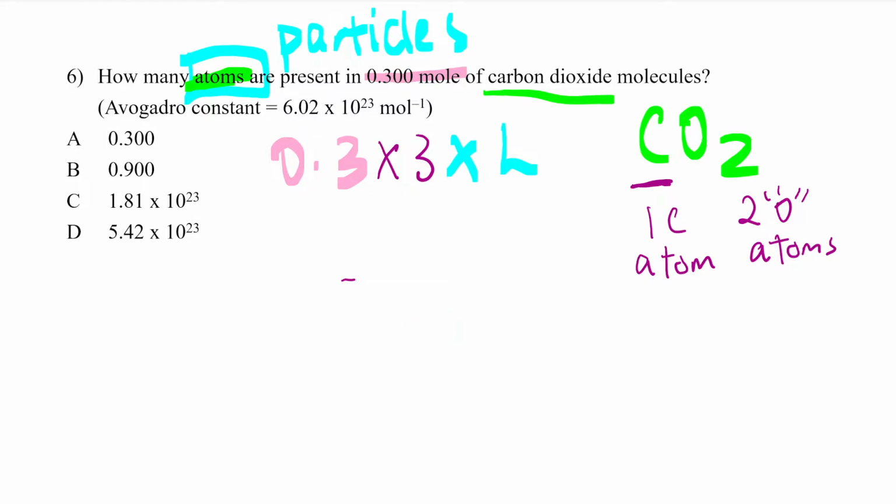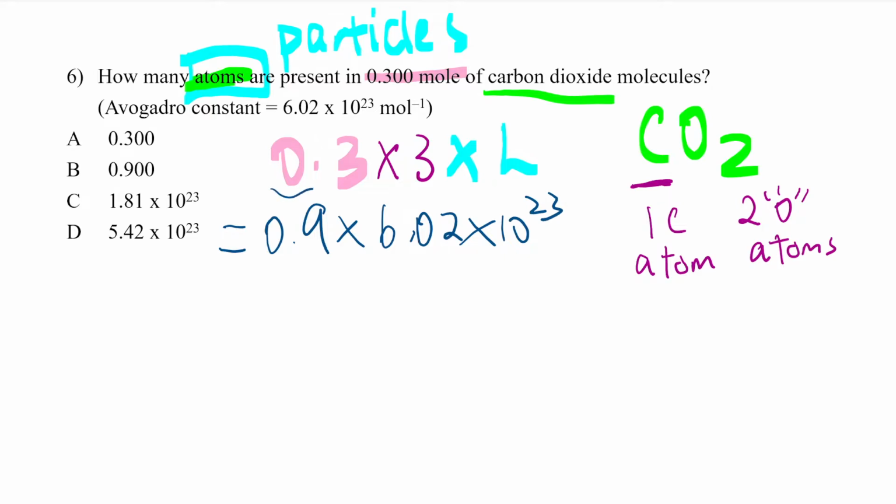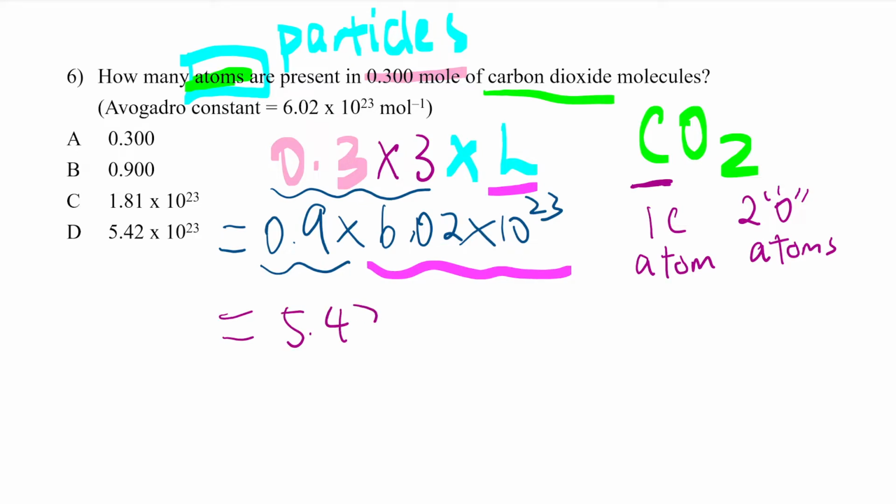So it will be basically 0.9 times by 6.02 times by 10 to the power 23, because 0.3 times 3 is 0.9, and L is, as we know, 6.02 times 10 to the power 23. And then when you do, I think just based on here, quite easy to see that the answer for this would be D.